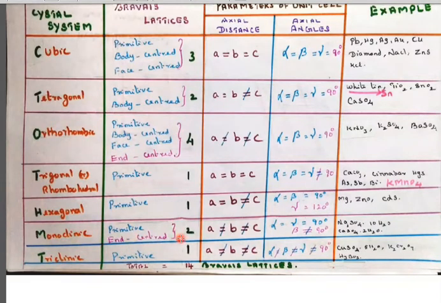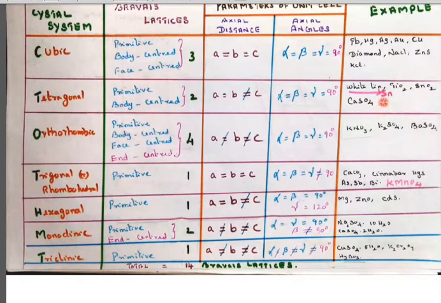It also belongs to a 1 mark question. There is a vast difference between cubic and triclinic. In cubic, all distances are equal, and in triclinic all are unequal. In cubic, angles are all equal to 90 degrees, and in triclinic angles are not equal to 90 degrees. So cubic is symmetric, and triclinic is asymmetric. Here the examples are given.